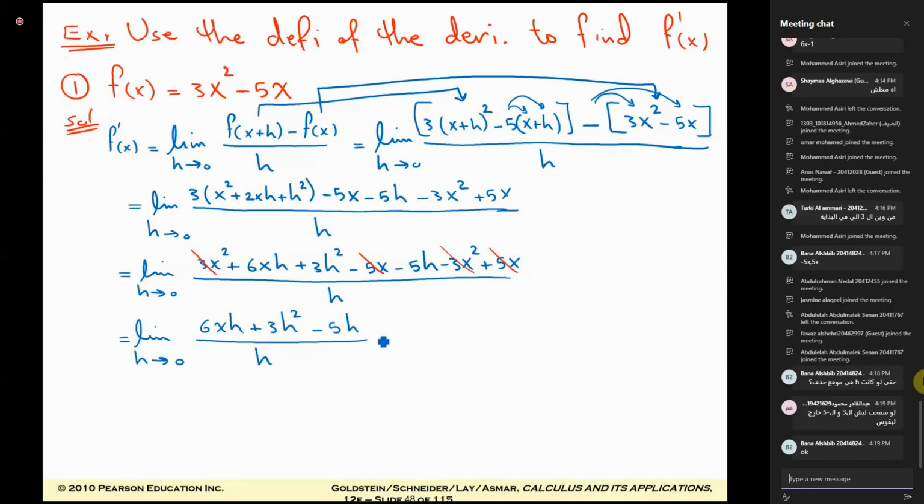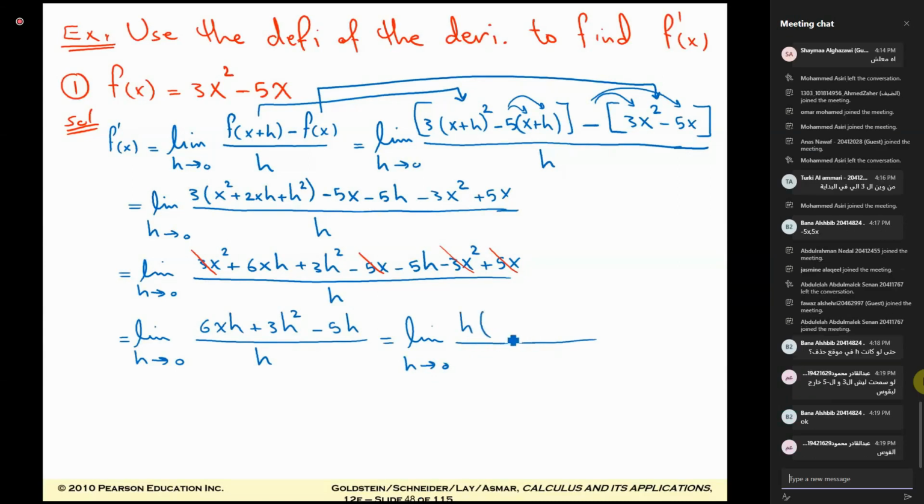Okay, look at this. We have limit, h goes to 0, take h as common factor, so we have 6x plus 3h minus 5. And we have h in denominators. So we can remove h with h.